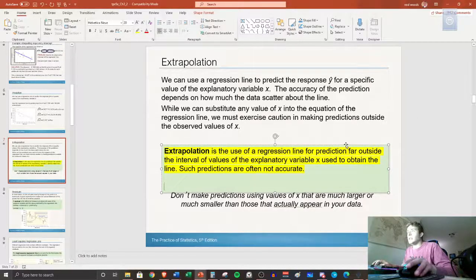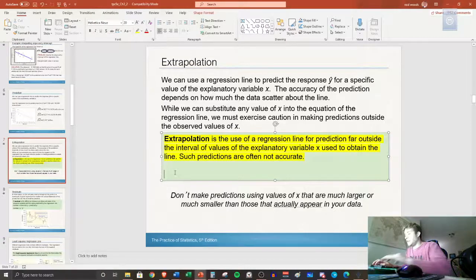And then you have what's called interpolation. Which I guess they didn't have in here, but I do want to write this down. Prediction, and we'll just write it this way.